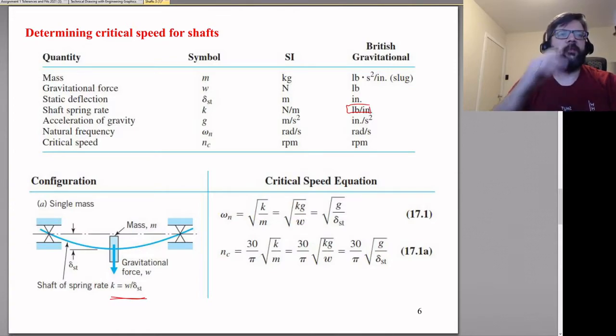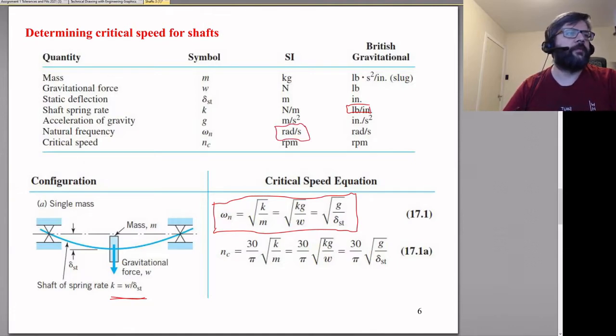If we're modeling this as a single mass, then we can calculate the critical speed, the natural frequency of the shaft in radians per second, as the square root of K divided by the mass. Looking at the units, K over M is newtons per meter divided by the mass.